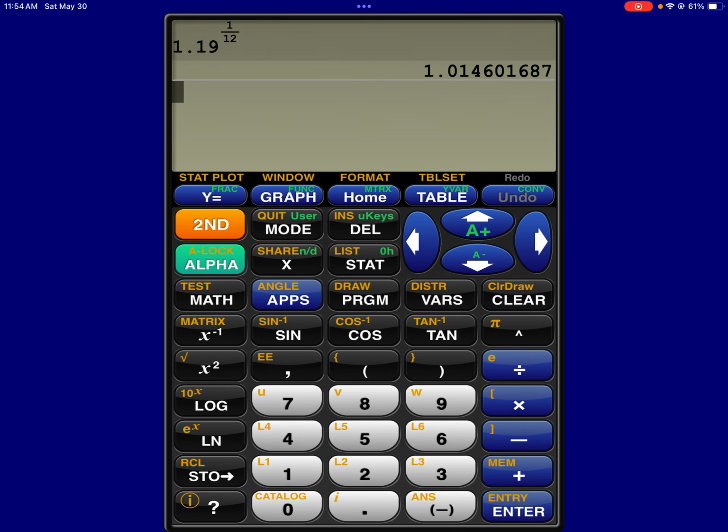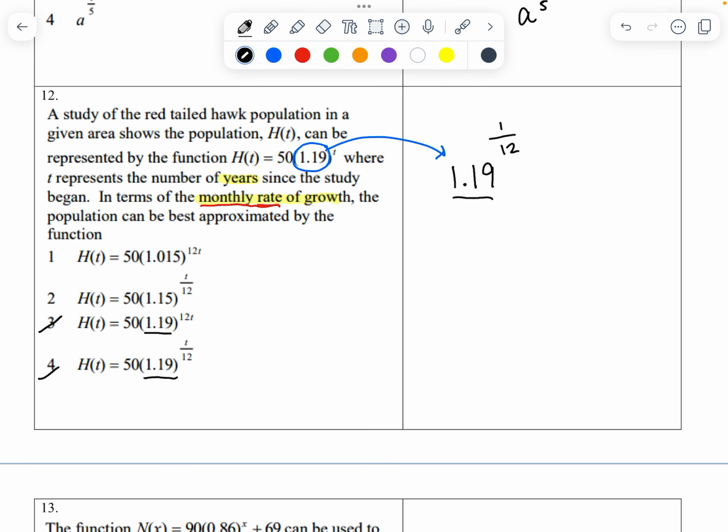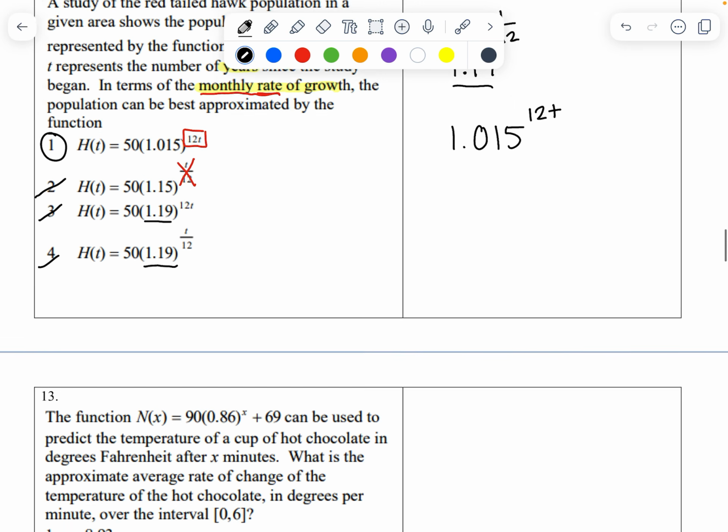All right, so it's looking like 1.0146, which would be rounded to 1.015. So by process of elimination, I know this is my right answer, but just so you know, you're never going to change your final exponent to a fraction. It always gets the new unit times whatever your t was.